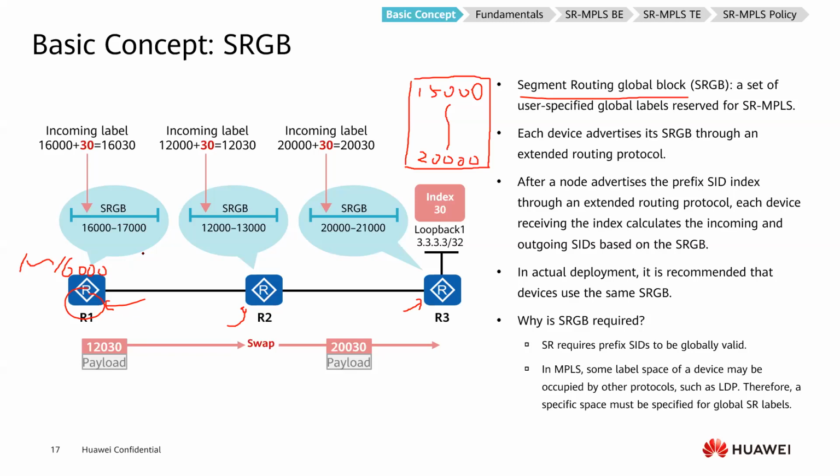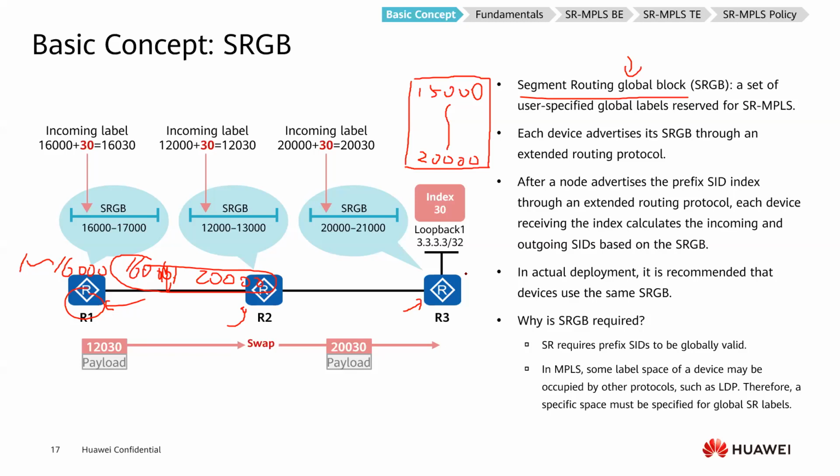So what is left is from 16,001 to, for example, 20,000. Maybe this is in R1. This is the segment range, but in R2 it might be different. So we need to define a different SRGB.